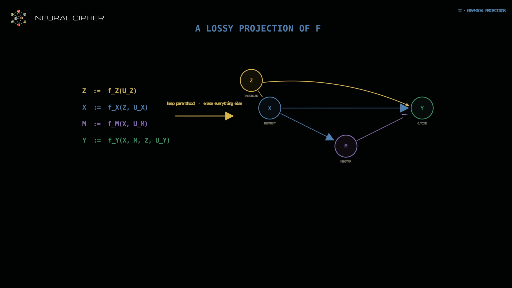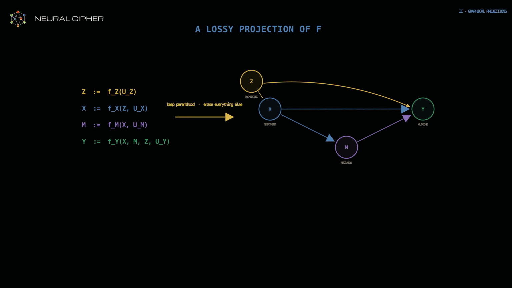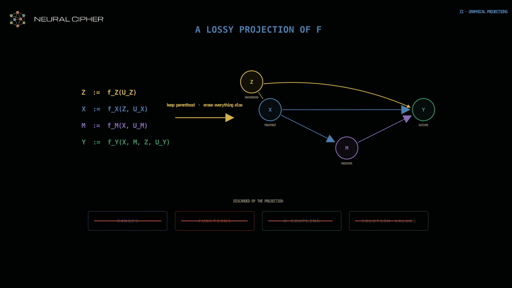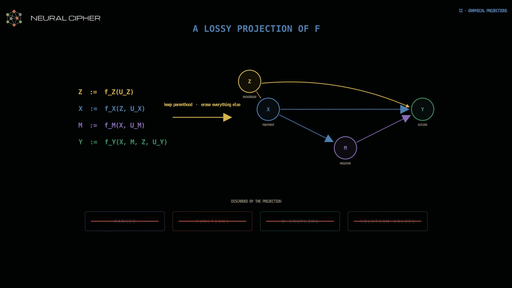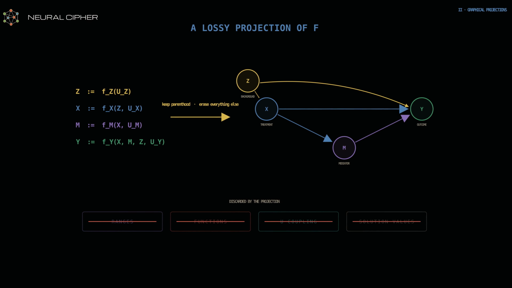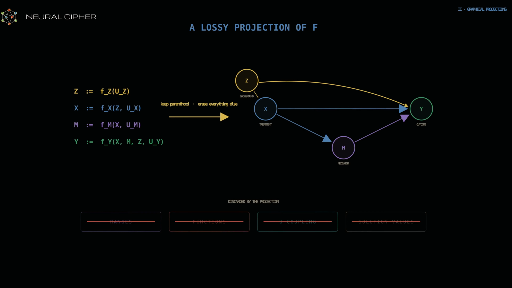A missing edge is therefore an exclusion restriction. The omitted variable does not enter that assignment directly. Two distinct assignment families can induce the same graph while implying different effects, different counterfactuals, and even different observational distributions.